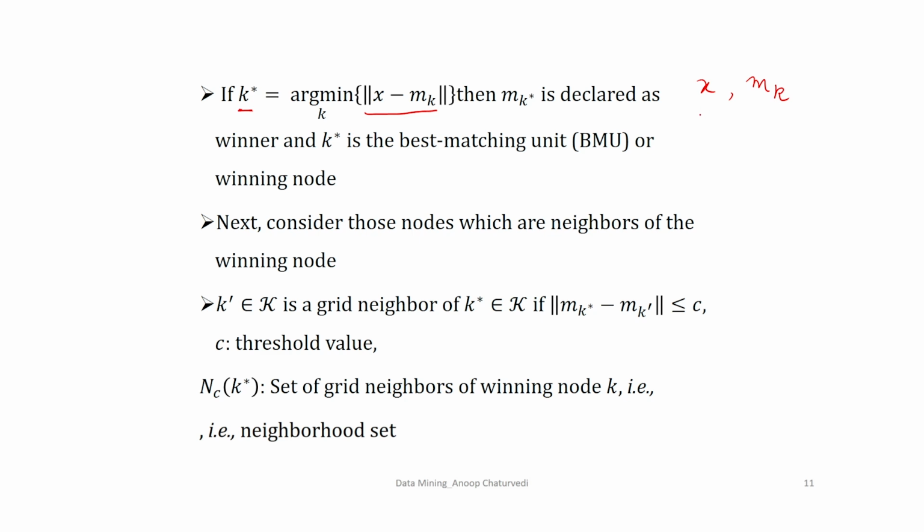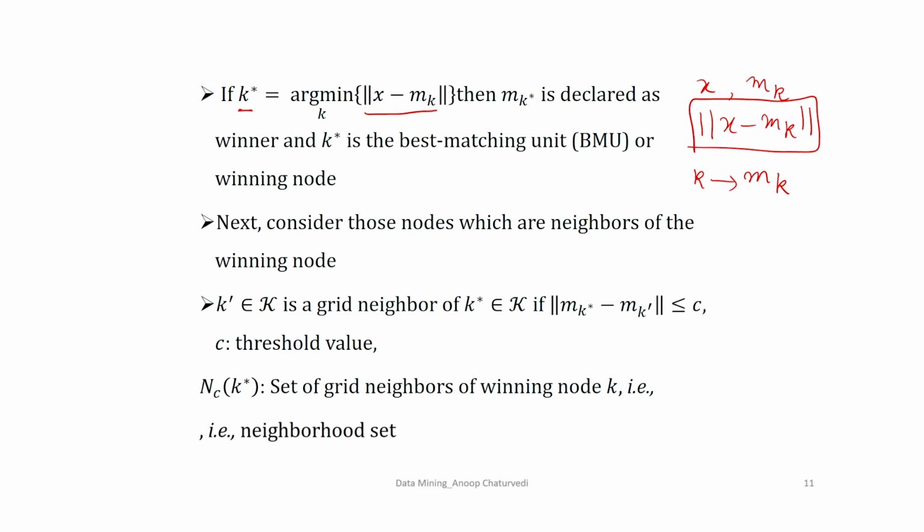For each k, we take the norm of x minus mk, and then we try to find out the value of k for which this norm is minimum, or the node. Remember that a node is represented by the prototype, that is, the kth node is represented by mk.